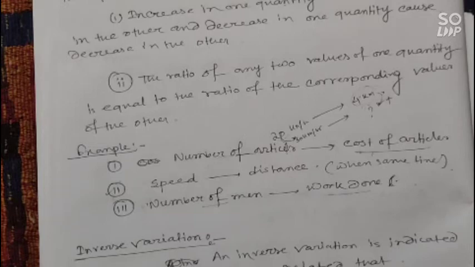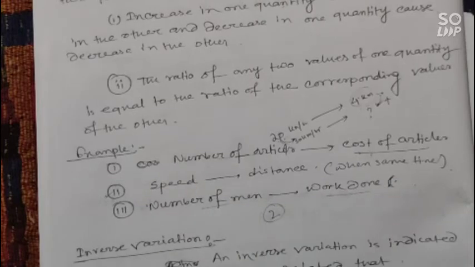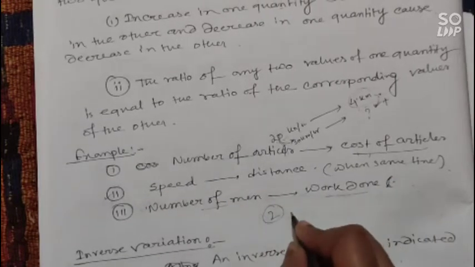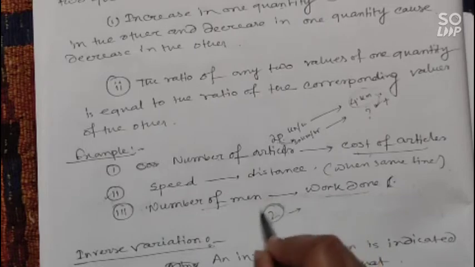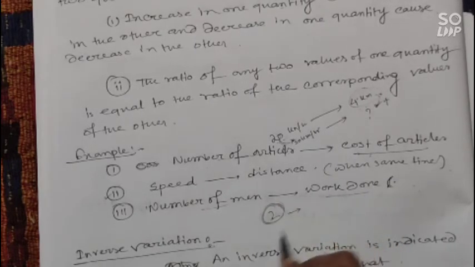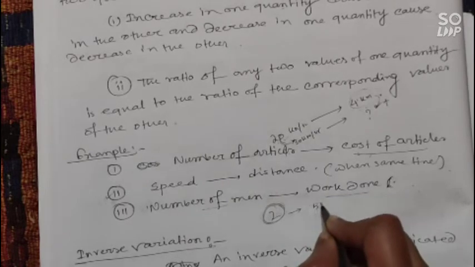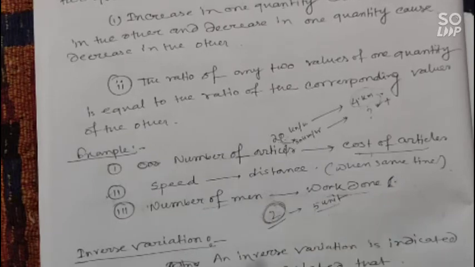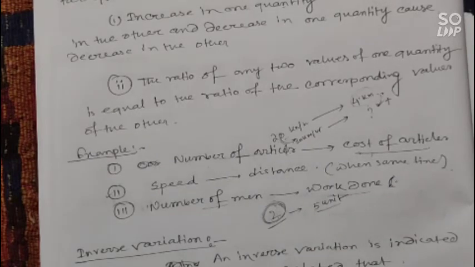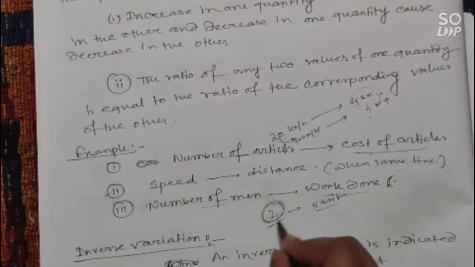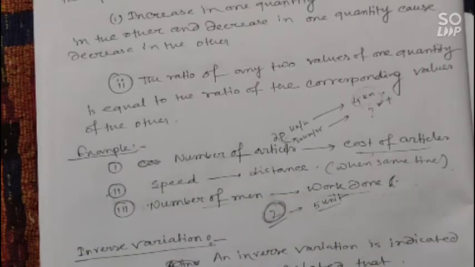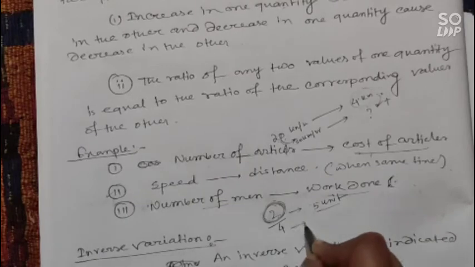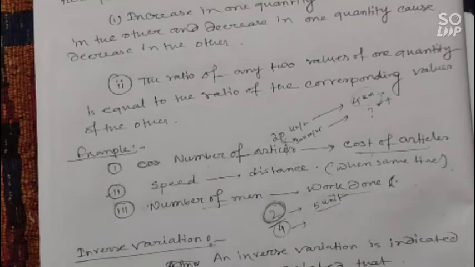If you and your one friend, that means 2 people, can do 5 units of work, and if 2 more friends are added, that means 4 friends, then 4 friends can do the work at the same time.